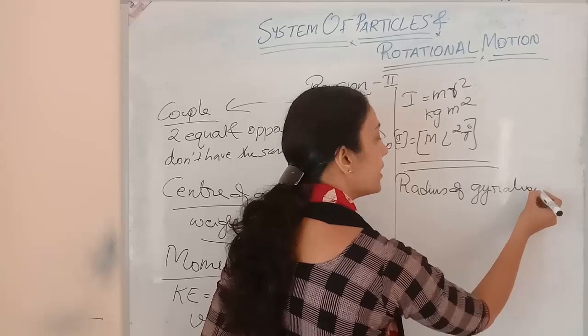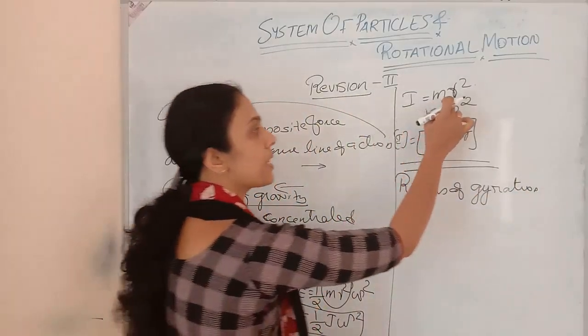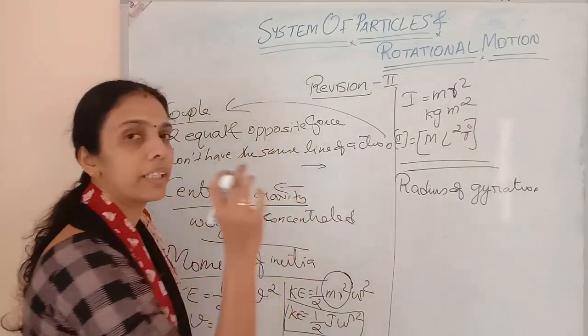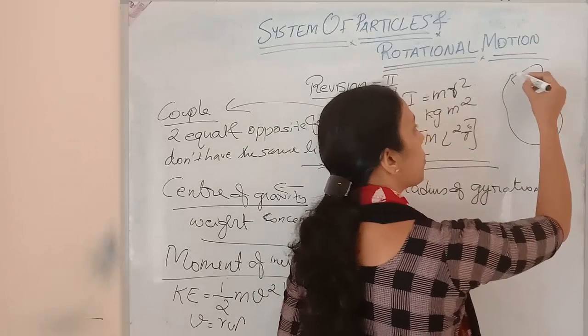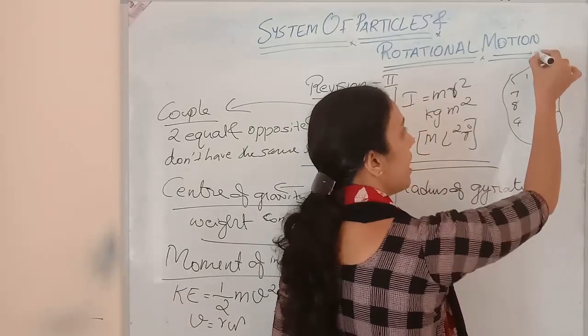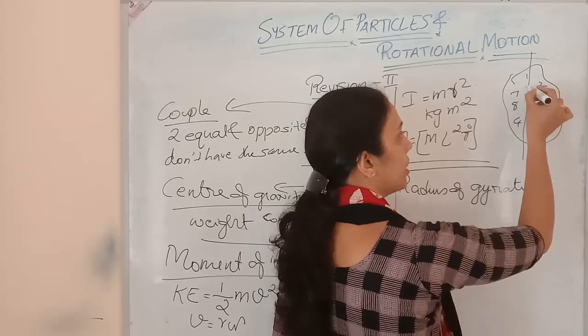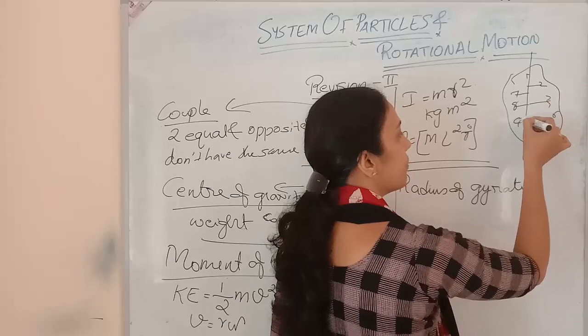One particle means only one distance from the axis of rotation, so in those cases we can use r. But for a rigid body, many particles are there, and each particle's distance from the axis of rotation is different, right?